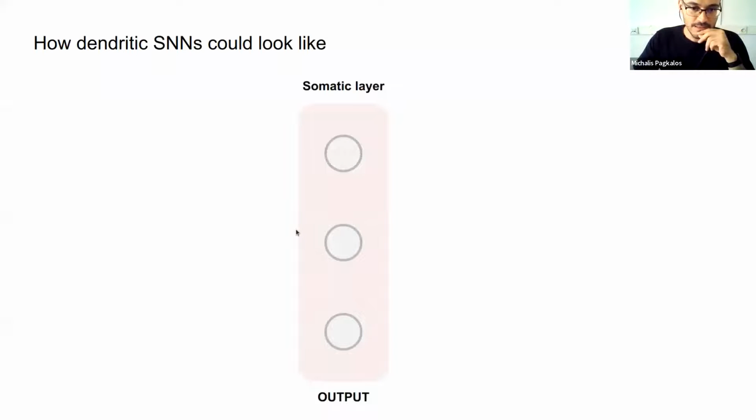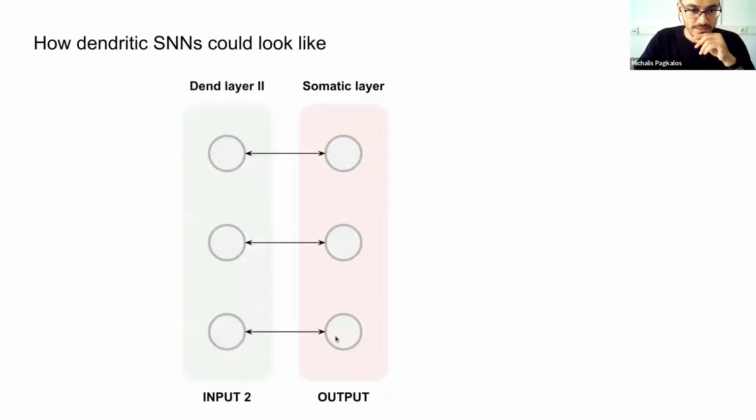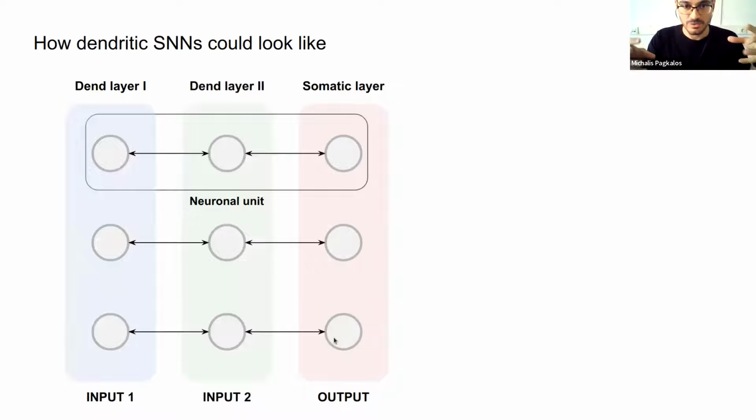This is what we traditionally call the somatic layer of point neurons, which also acted as the output that is passed maybe to other layers. So we suggest that we can extend the point neurons by adding some extra nodes, forming the proximal and the distal dendrites.